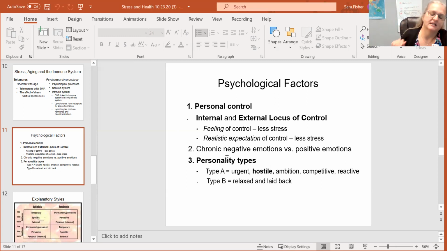I want to jump down here to personality types. You may have heard the phrase type A versus type B personality types. The research goes all the way back to a cardiologist and the guy that fixes the chairs, an upholsterer, who observed that the chairs were worn on the arms and on the seat. He asked, what kind of doctor are you?